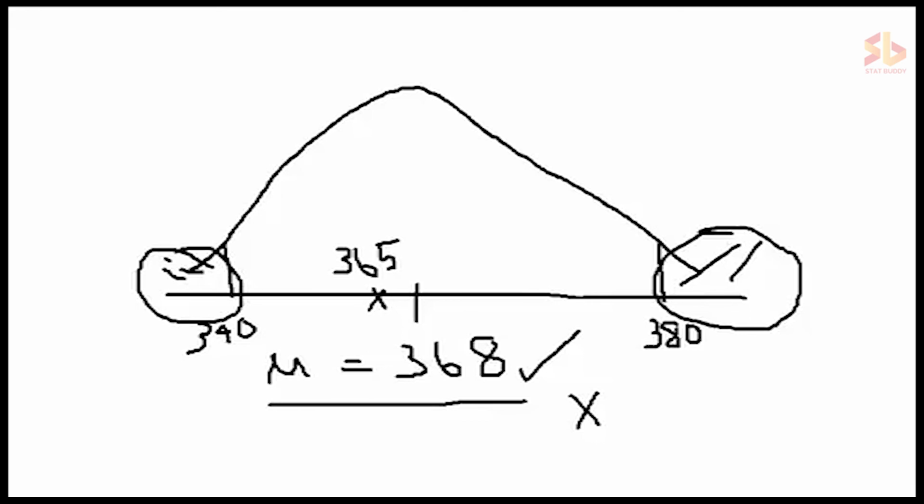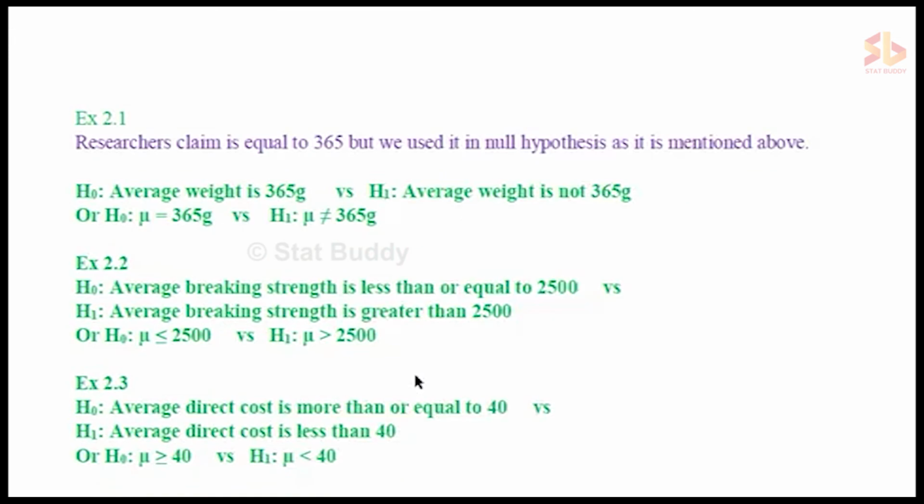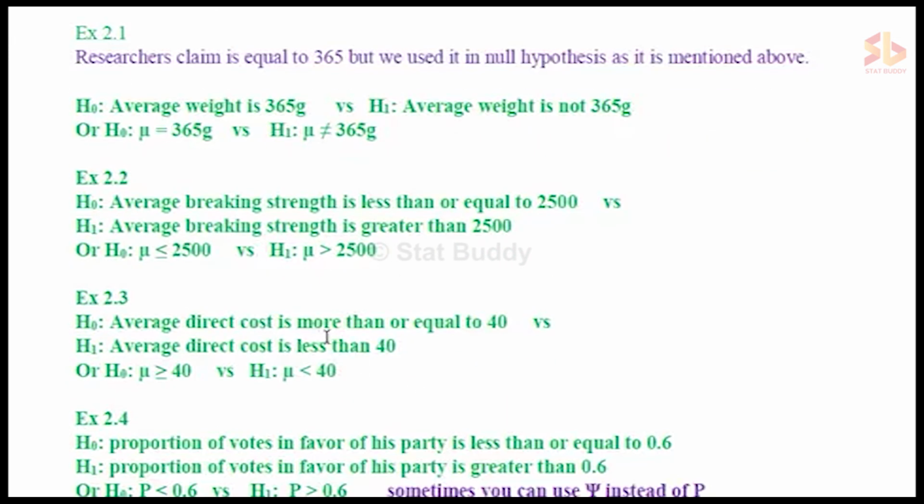And now suppose we have a one-tailed test. So this is the distribution and it is a bit skewed. Suppose this is the average direct cost, which is less than 40.